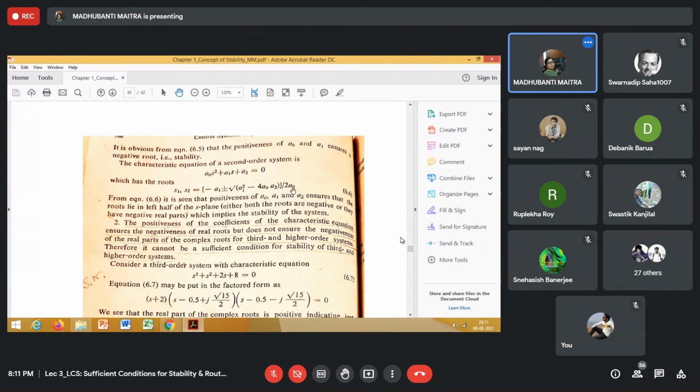Yes or no? Yes, ma'am. Right? So we can conclude that the necessary conditions are also sufficient conditions for the stability of first and second order systems.